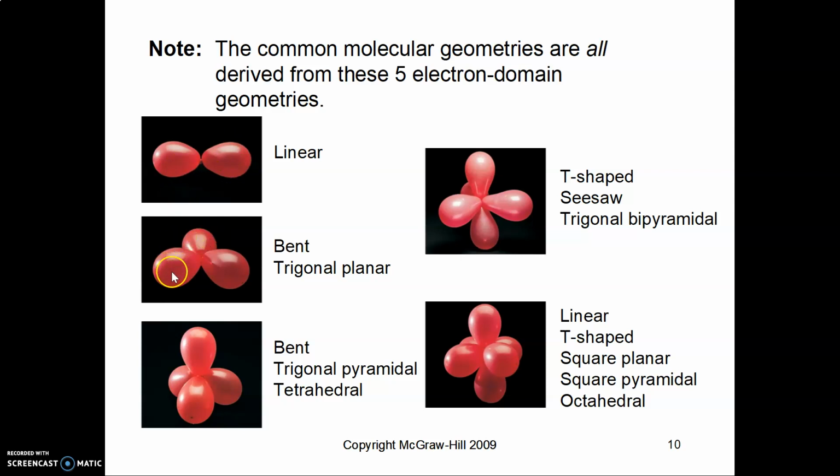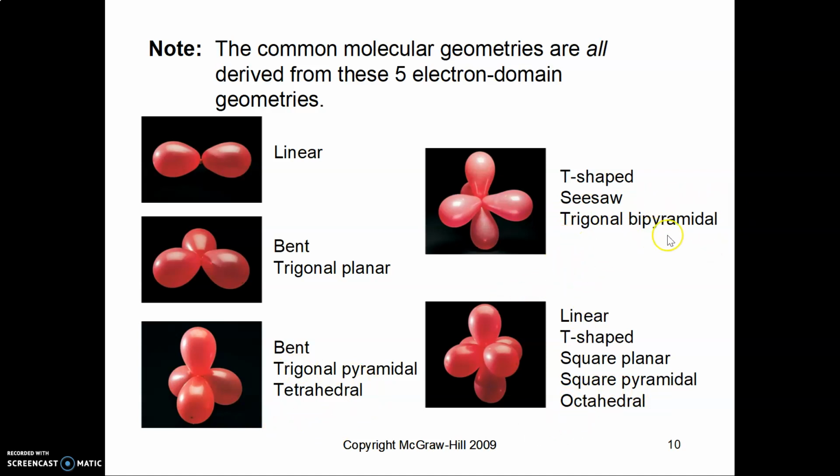But if we go to a third domain, either a bond or a lone pair, we get bent or trigonal planar. So look, the name for 3 electron domains is trigonal planar, and we can even have trigonal planar as your molecular geometry. And you see tetrahedral, octahedral, and trigonal bipyramidal.